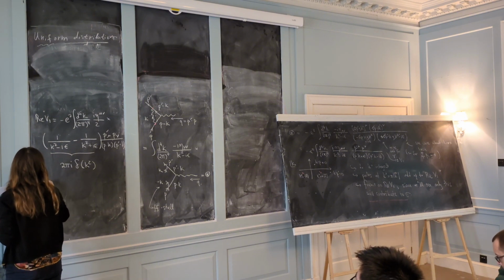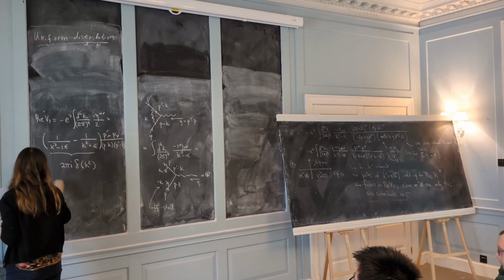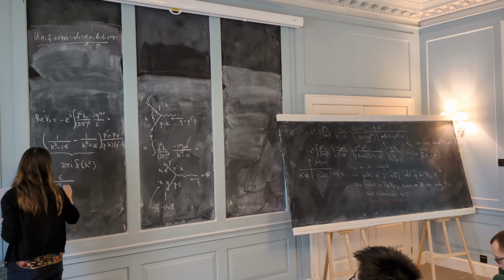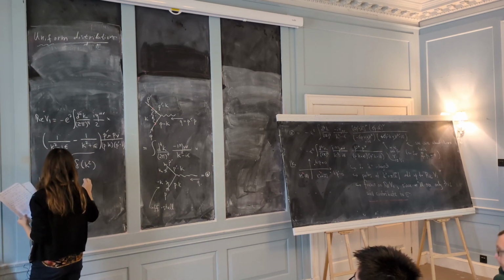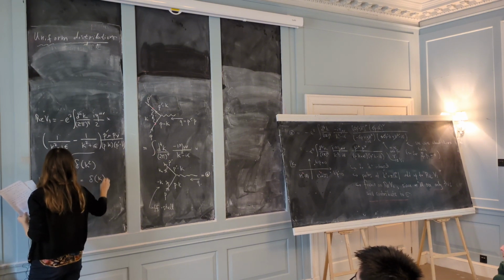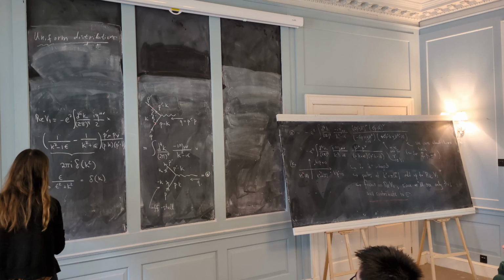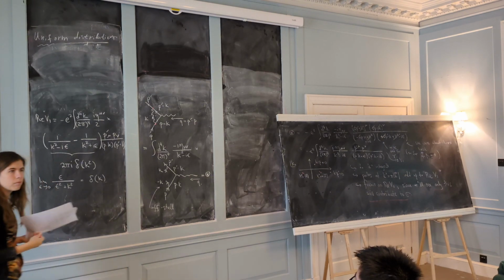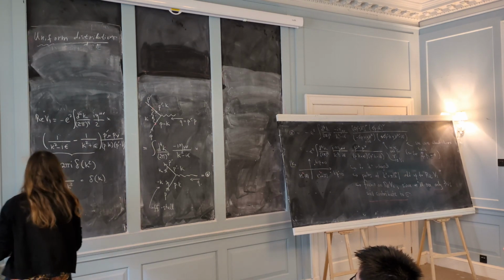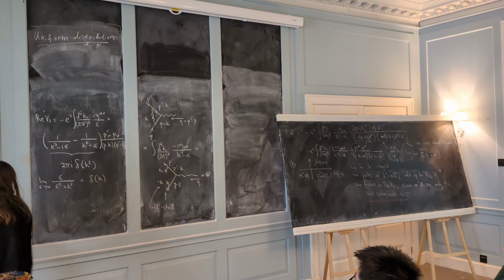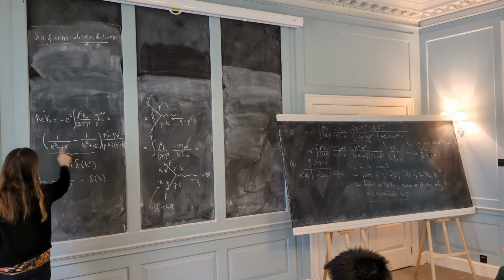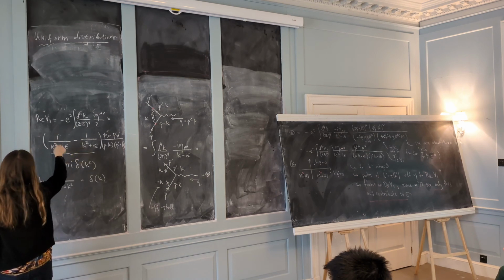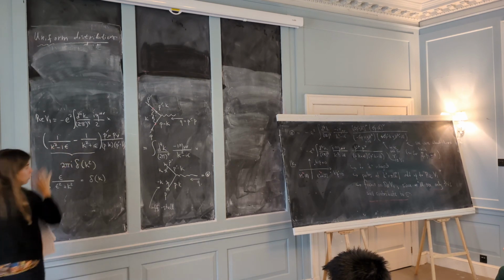It's sort of a consequence of this formula. Actually, it's exactly this formula, because when you bring things to the same denominator, you get 1 over k to the 4.